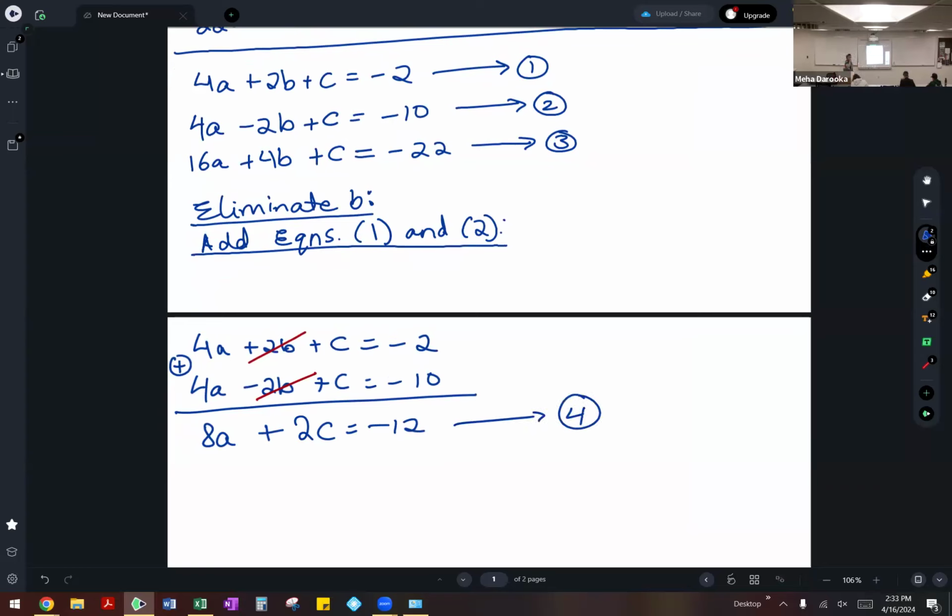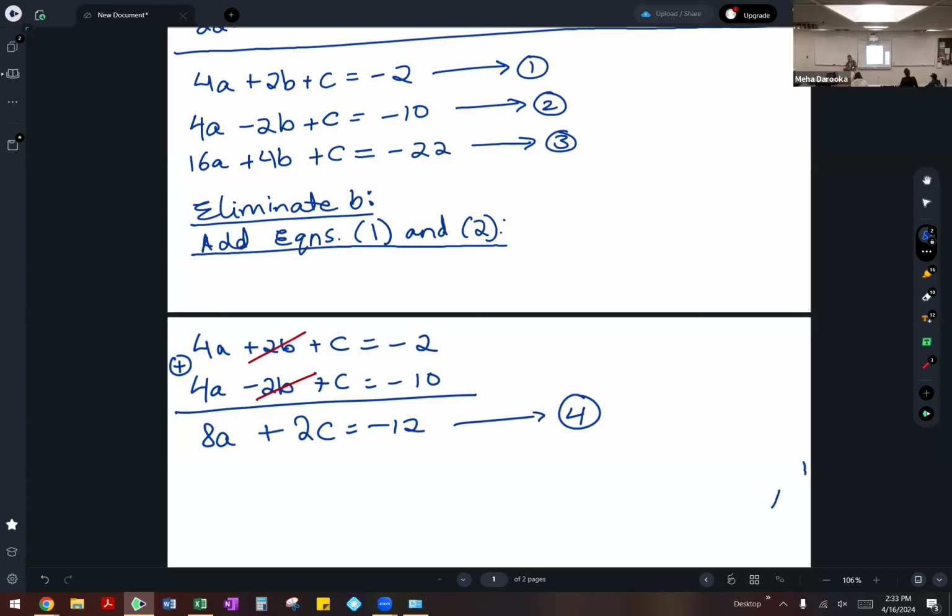All right, so we did 1 and 2. Now we need to take the equation 3 with one of the others. So which one would you combine? Equation 3 and 1 or equation 3 and 2? Which one would make more sense to combine it with? Yeah, that's what I was kind of thinking. I mean, you can go with 3 and 1, but since the 2 again has the negative sign on it, it would be easier to do equations 2 and 3 combined together.